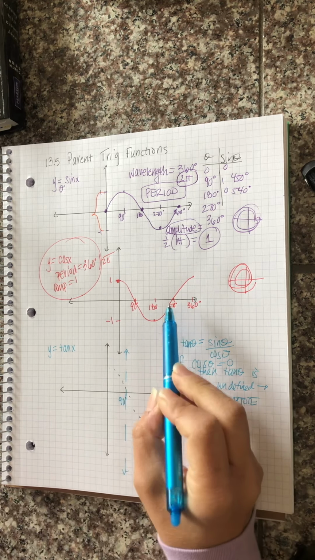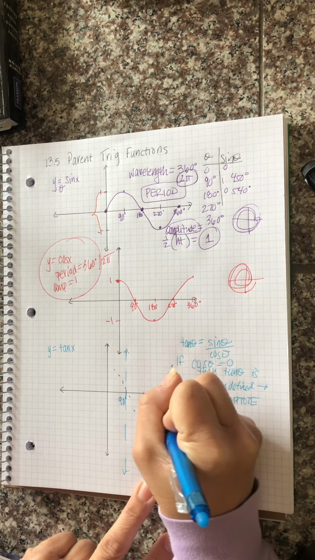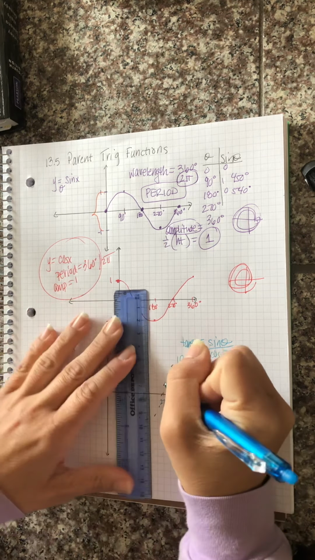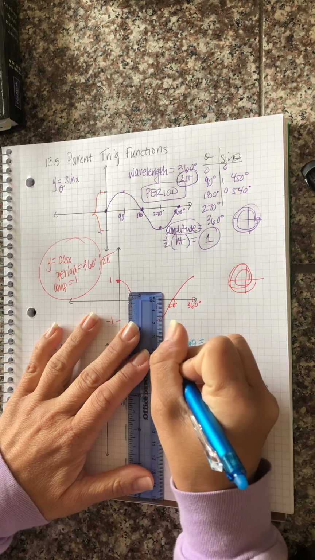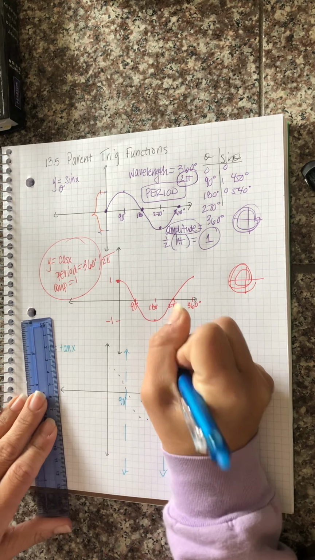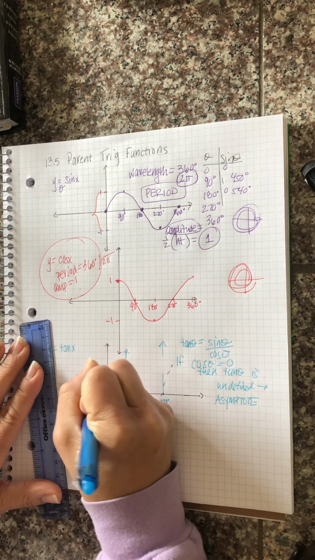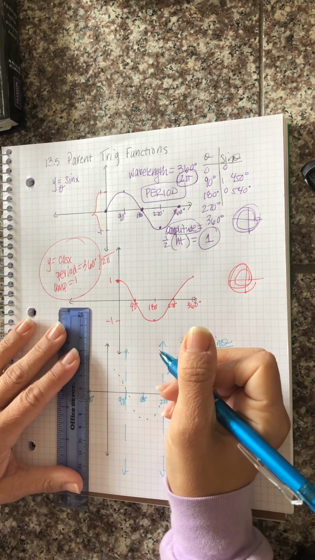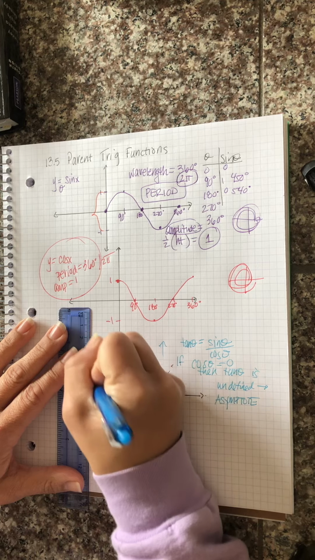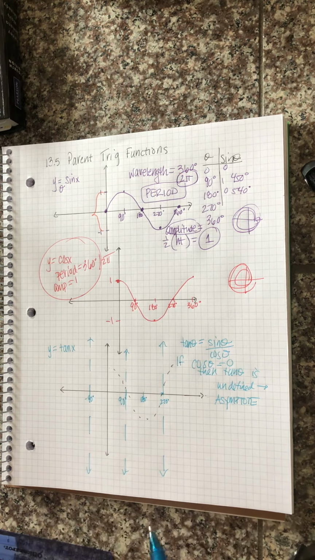The cosine is also 0 at 270. All right, if I'm going backwards, if I'm going in the negative direction, that would be negative 90 degrees, negative 270, etc.